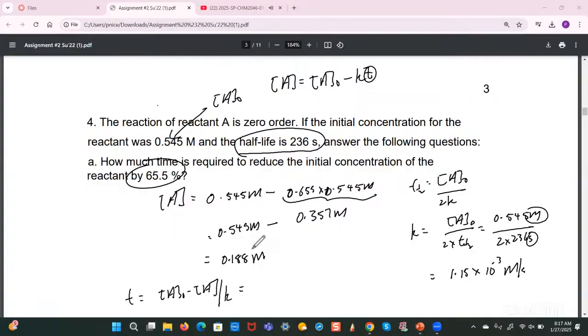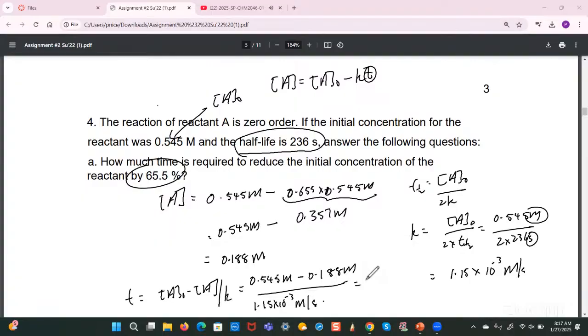So let's see what that gives. 0.545 M minus 0.188 M divided by K, which is 1.15 times 10 to the minus 3 M over S. And whatever that gives, that will be the answer.